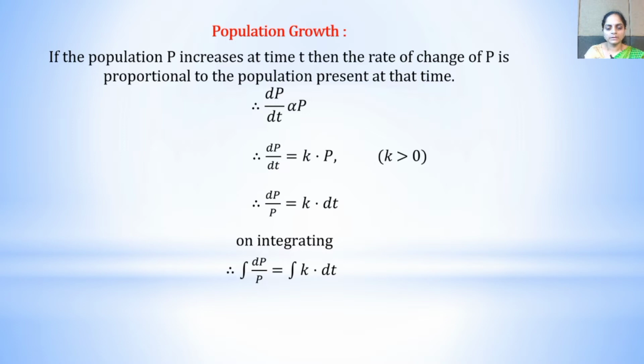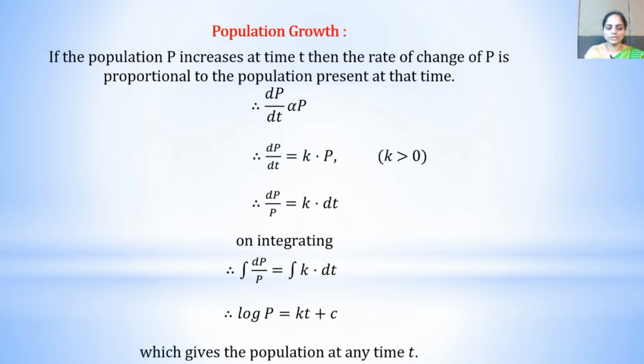So we use this formula in this equation, then the equation becomes log P is equal to Kt plus C, which is the general solution of a differential equation, which gives the population at any time t. Students, to solve the examples on population growth, we must remember this equation: log P is equal to Kt plus C. Now we see the example on population growth.